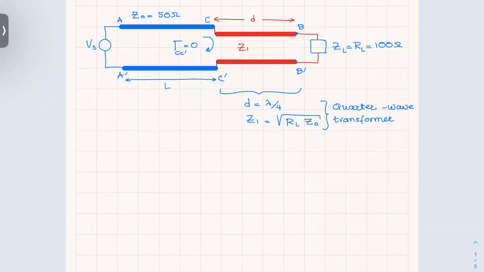First of all, to make gamma at CC prime equal to 0, we have to write gamma at CC prime explicitly. But to find the reflection coefficient there, we will need to find the input impedance here, all right? So Z input at CC prime.